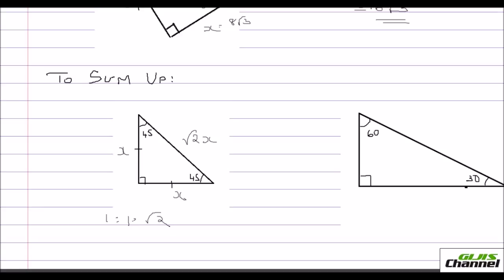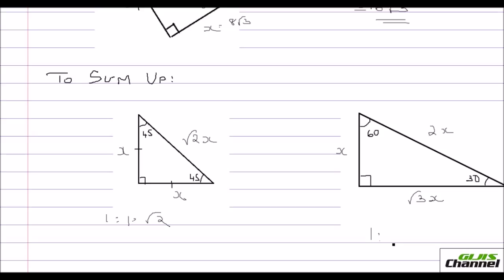Here again, for this 30, 60, 90 degree triangle, the 30 degree angle will have x as its opposite side, the hypotenuse side is 2x, and this long leg would be root 3x, making the ratio as 1 is to root 3 is to 2.